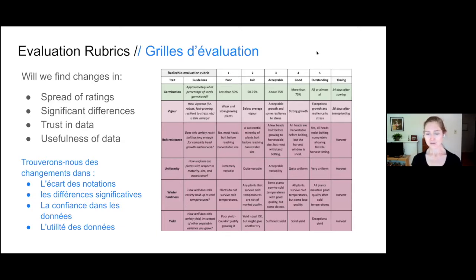So we gave you in your protocols this year an evaluation rubric for both radicchio and rutabaga, which spells out, again, don't try to read this, it's too small, read the one in your protocol, just ideas of what a 1 means, a 3 means, a 5 means. We're curious whether it will reduce the spread of the data and help us pick out more significant differences between varieties.